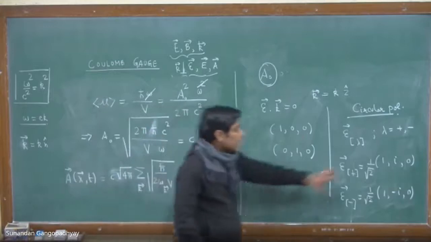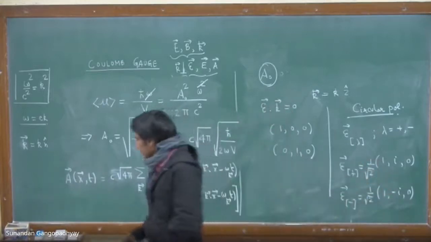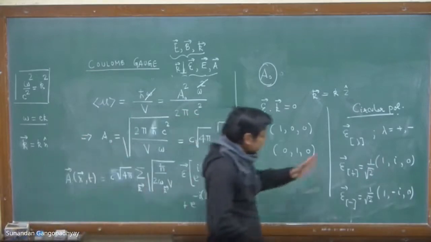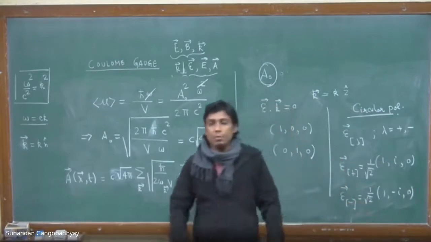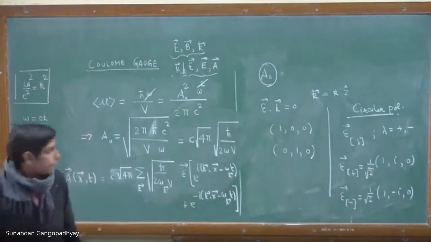So these polarization vectors are unit vectors now. These are the basis states, and they actually correspond to a circularly polarized electromagnetic plane wave. Circular polarization.